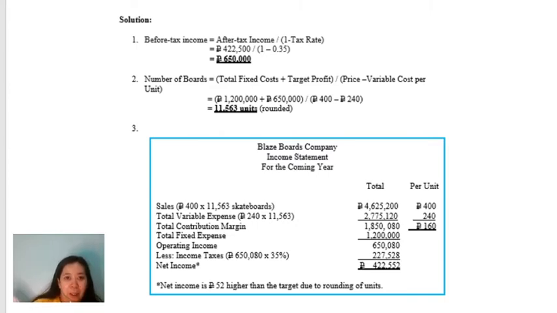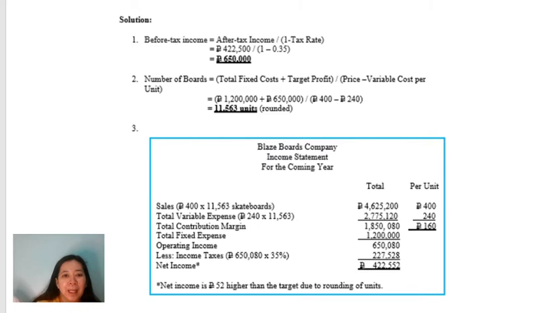Therefore, in order for the company to achieve the 650,000 target before tax income, they have to sell 11,563 units.